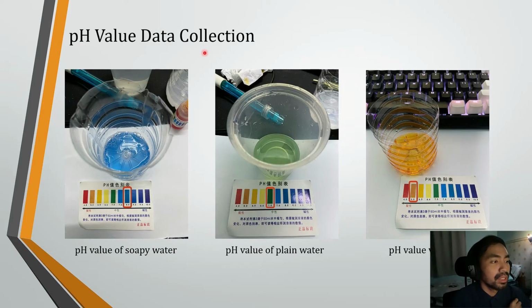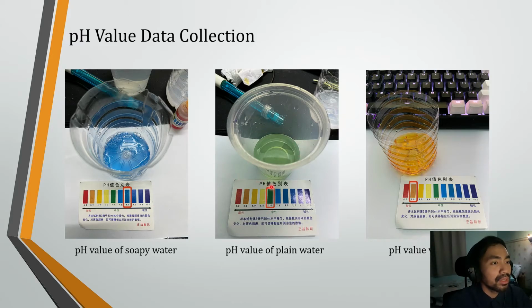Okay, this is the pH value data collection. This is for soapy water, so the color turns blue. The reading for this is 8.0 to match the color on this card. Then this is for plain water.